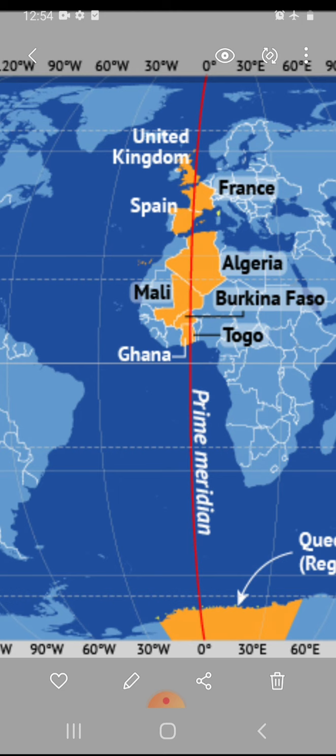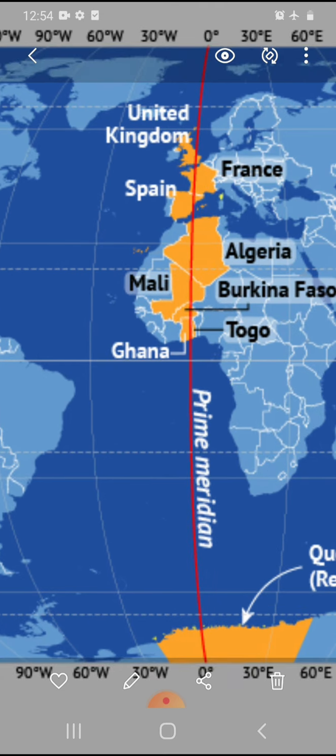The local time at the prime meridian is known as Greenwich Mean Time, GMT in short. That is, the local time on the prime meridian is known as Greenwich Mean Time.